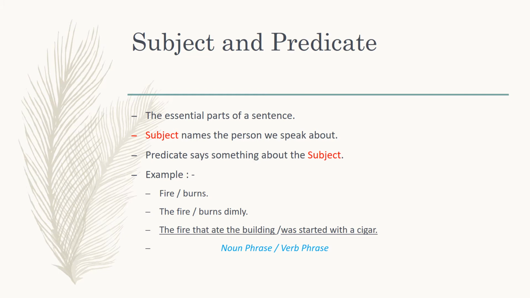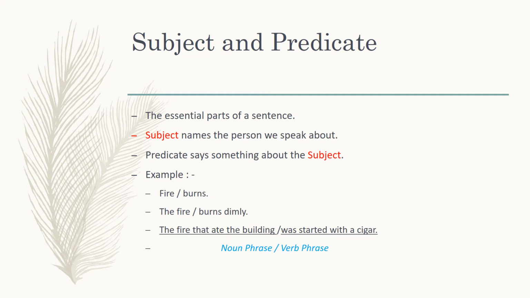So, in the examples that we can see, first one is fire burns. It is a complete sense. It is a sentence. Second one, the fire burns dimly. Now, in the second sentence, we are saying how the fire is burning. It is burning dimly. So, we have added two more words to the first sentence.